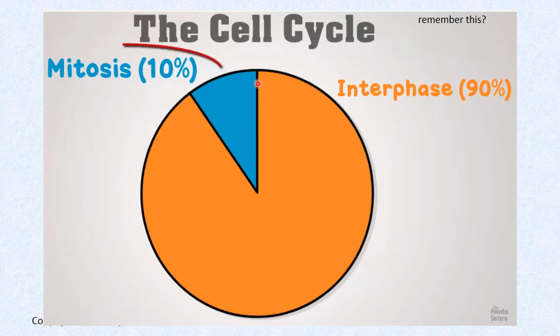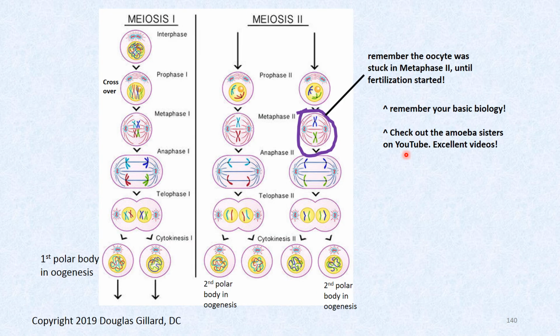But as I was saying, remember interphase. The chromosomes are wild and crazy and super small. You can't see them anymore. They thicken up in mitosis and meiosis so you can see them. Here are the phases again if you want a quick review. And remember, we were stuck in metaphase 2, but once the sperm got into the cytosol, it started up again.